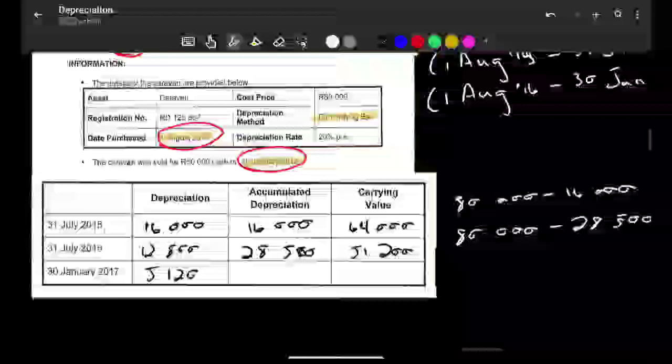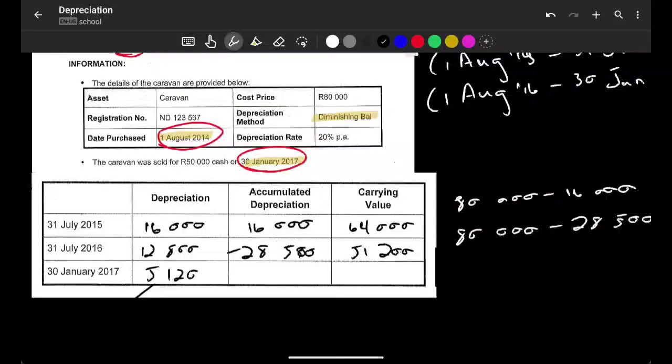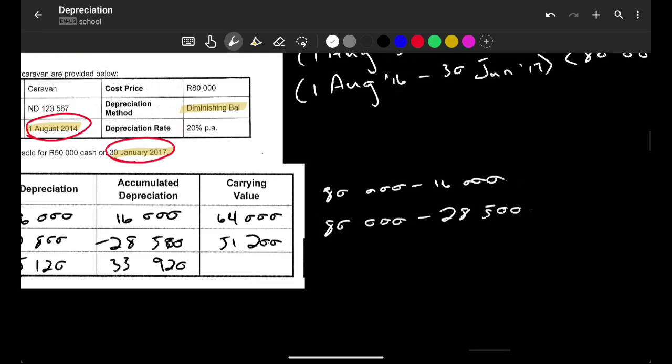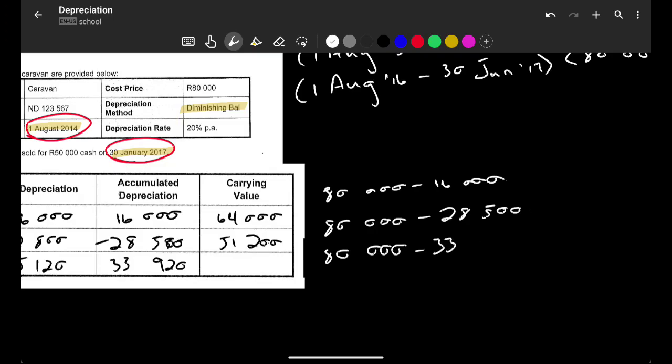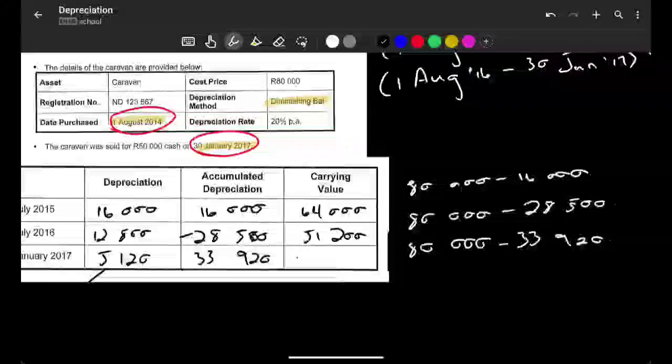Our accumulated depreciation is 28,500 plus 5,120, and that would give us 33,920, right? Then our carrying value would be 80,000 minus all our accumulated depreciation of 33,920, and then you'd get your final carrying value of 48,080.